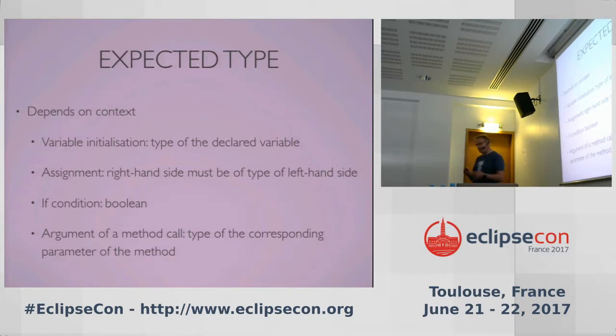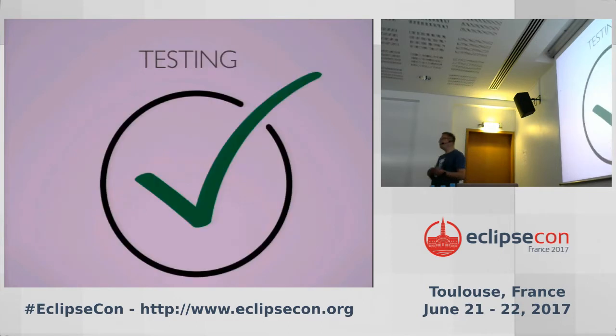But it's not that hard if you do proper testing, and that's crucial. You must develop expression languages with type systems in a test-driven way. So think about different scenarios of how your expressions look, write a parser test, and also test the type computer.